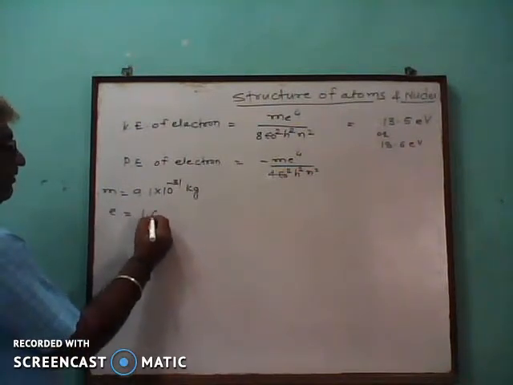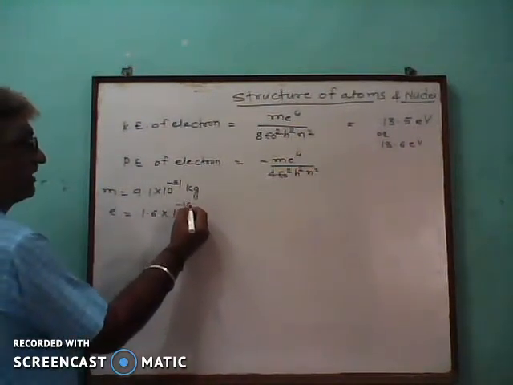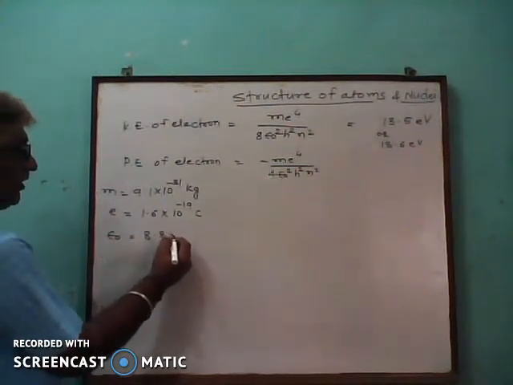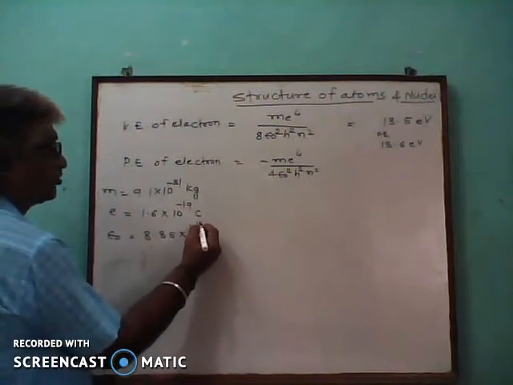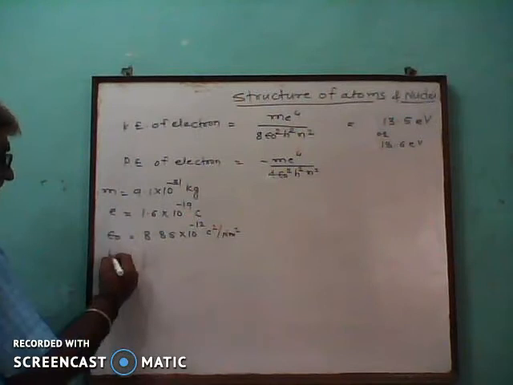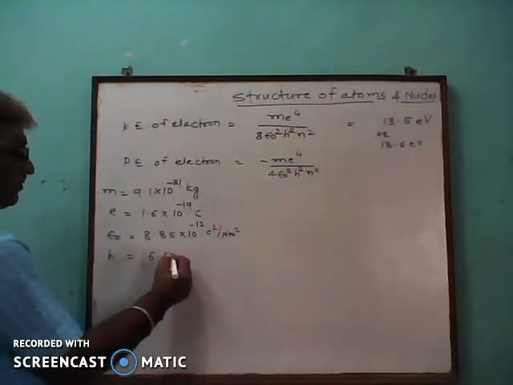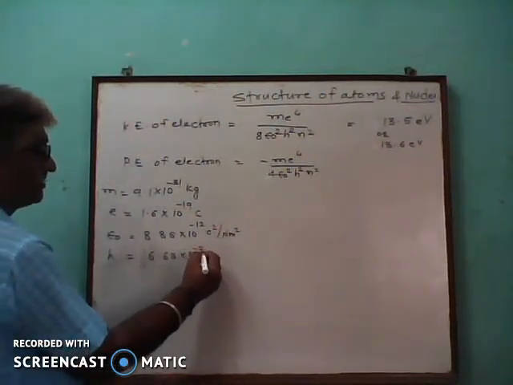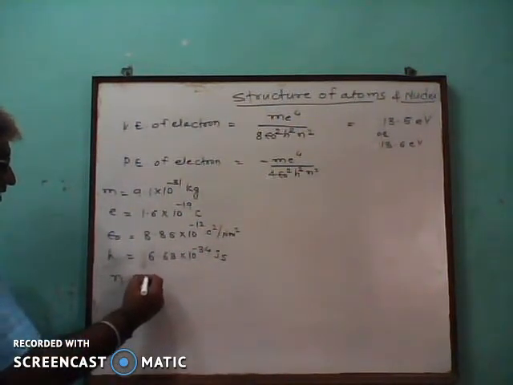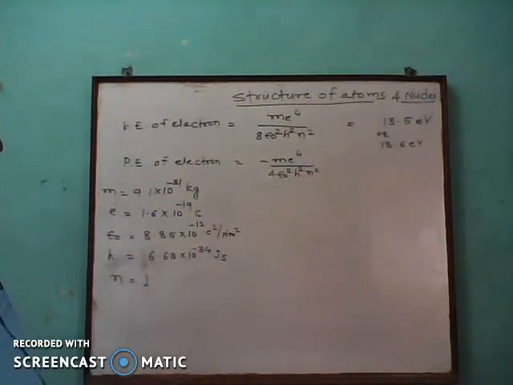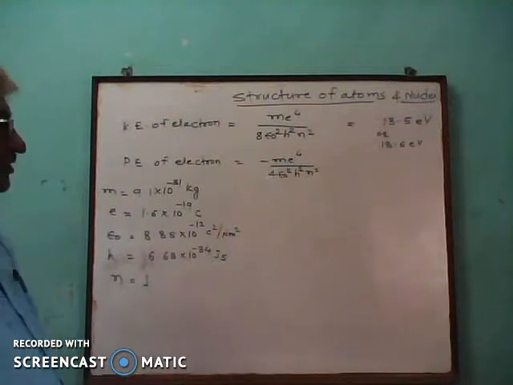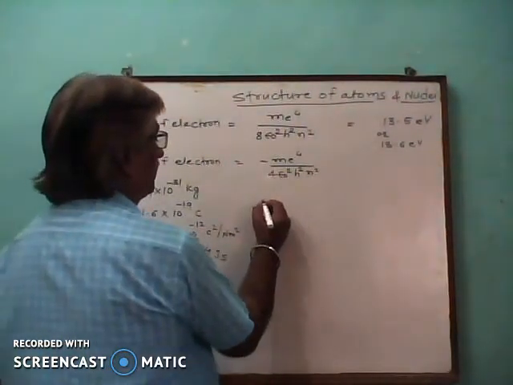Charge e, its value will be 1.6 into 10 raised to minus 19 coulombs. Epsilon 0, its value will be 8.85 into 10 to the power minus 12 coulomb square per Newton meter square. H, its value will be 6.63 into 10 to the power minus 34 joule second. And for ground state or for first orbit, n equal to 1. If we substitute these values, we can calculate potential energy.